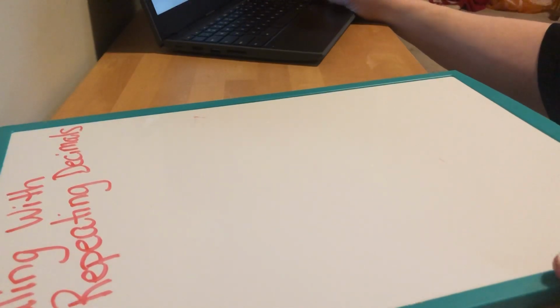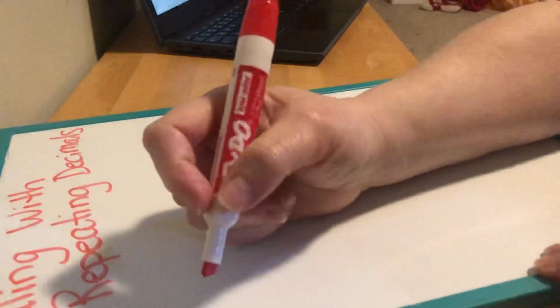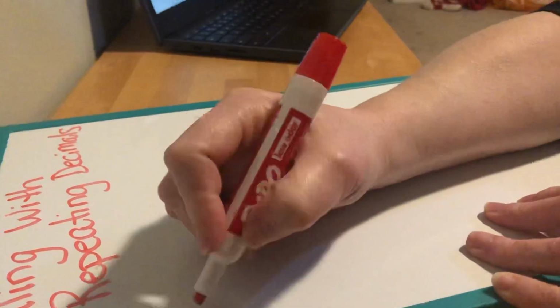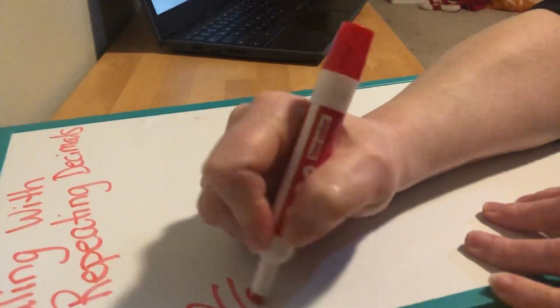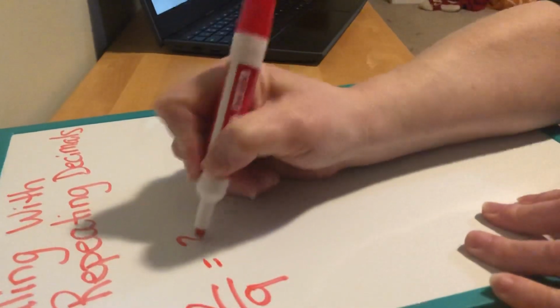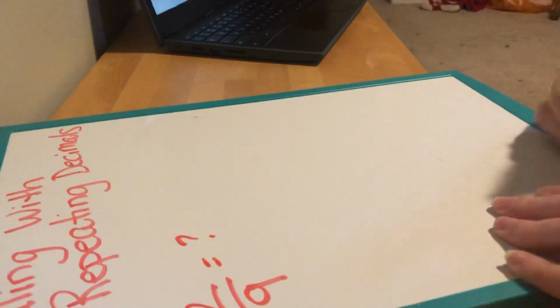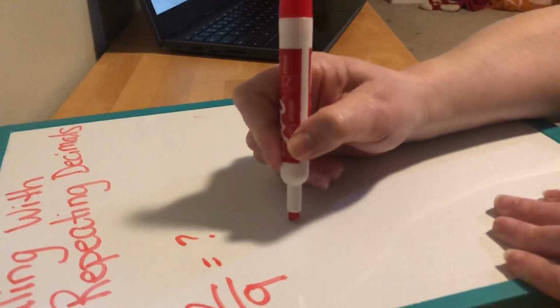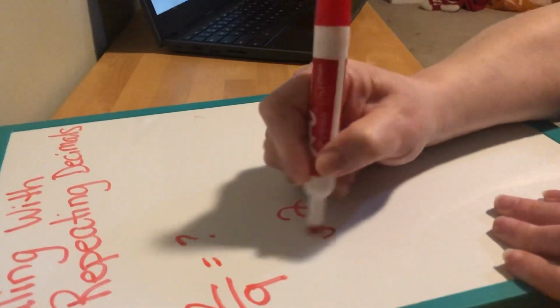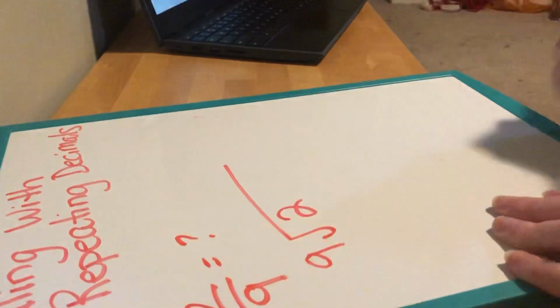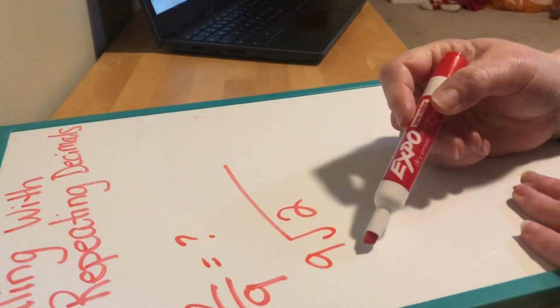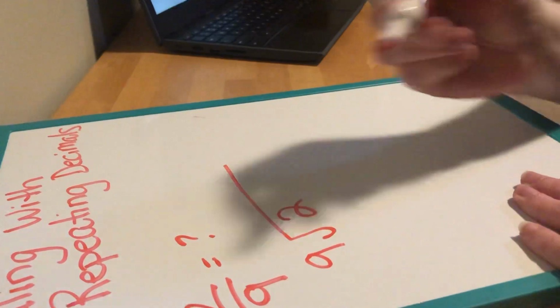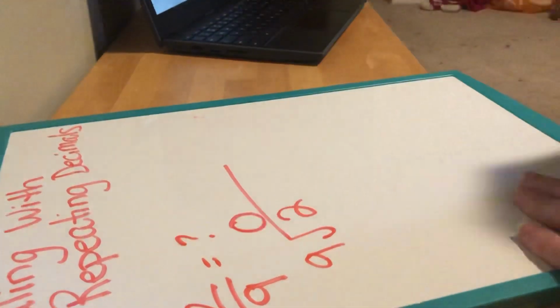And then it asks you to do 2 more sets of long division where your number is not a 1, where it's a 2 or a 4 instead. So for example, the question is asking you to find out what is the decimal equivalent of 2/9. We're going to set up the question exactly the same way. 2 divided by 9. How many times does 9 go into 2? It does not, so it's going to still be a 0.